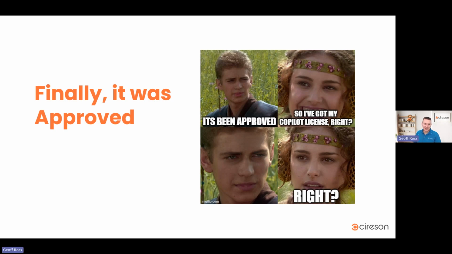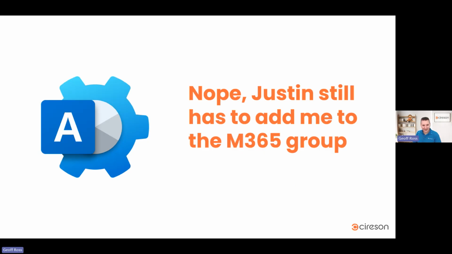Right? Well, no, because I still need to be assigned that license. Justin has to go and add me in the M365 admin portal to the group where that license is deployed. For that, he needs admin rights. So it has to be him. It can't go to anybody else. So we're waiting on Justin for that because it needs those privileges.